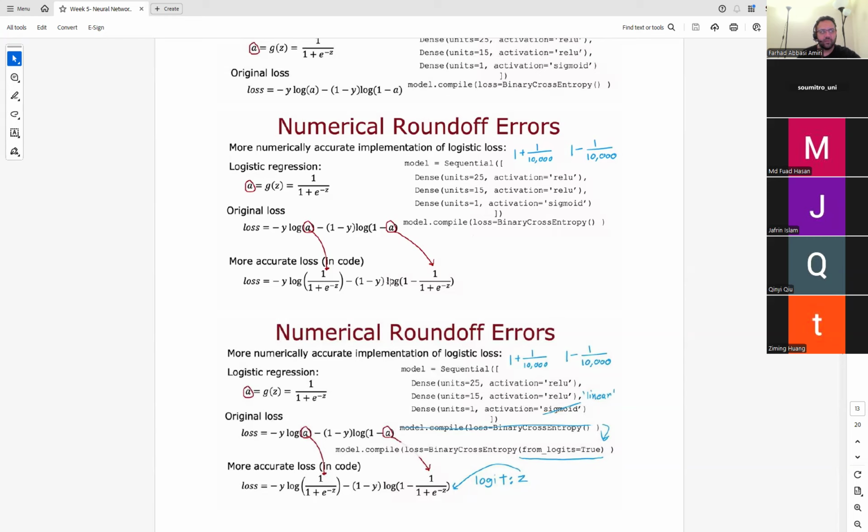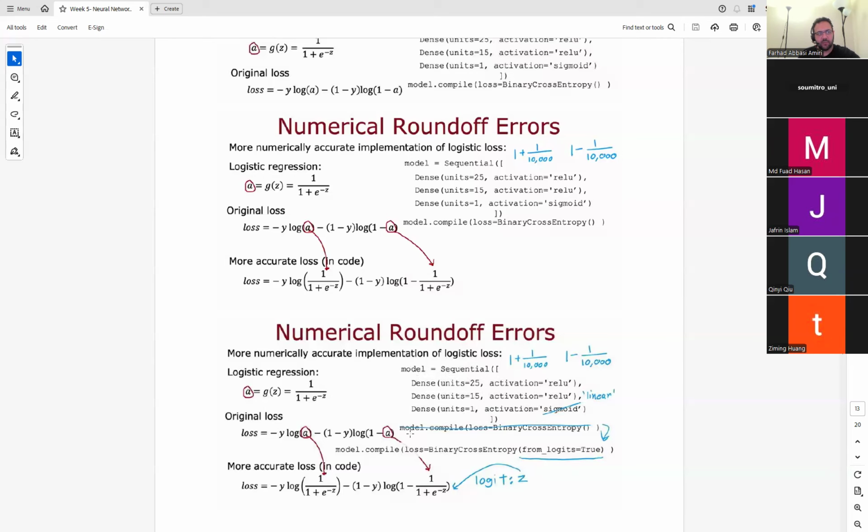But if you want to do something like this on your loss function, you should write these lines of code in this way. Again, you build up your model using the sequential of the first hidden layer, the second hidden layer, but on the last layer or output layer, instead of sigmoid activation, you put linear.